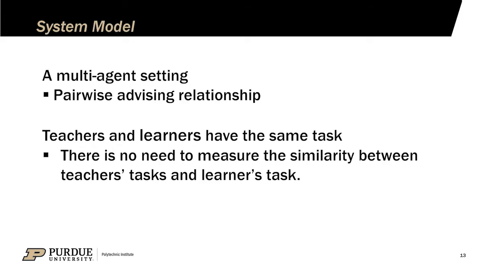So here's our proposed system model. We consider a multi-agent setting, where a pairwise advising relationship is established. For simplicity, we assume that teachers and learners have the same task, so there is no need to measure the similarity between teachers' tasks and the learners' tasks.